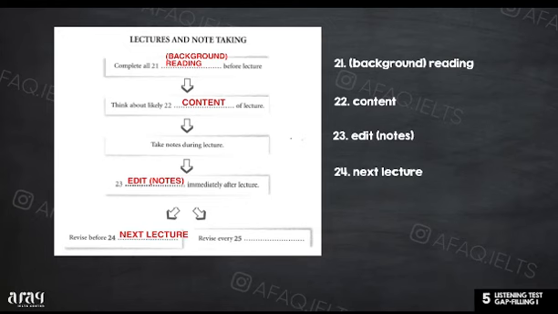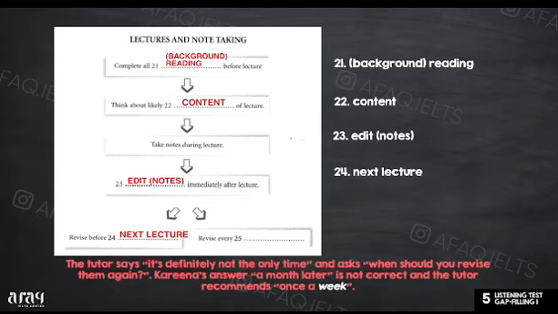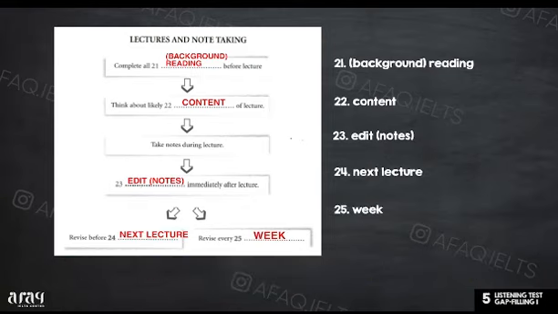As you heard, the tutor says it's definitely not the only time, and then asks, when should you revise them again? Karina's answer, a month later, is not correct because the tutor corrects Karina and recommends once a week. So the answer would be week, not a month later, not month.